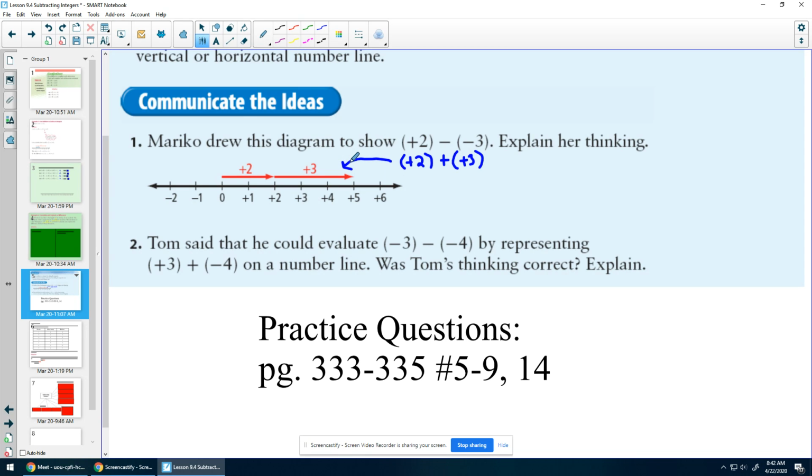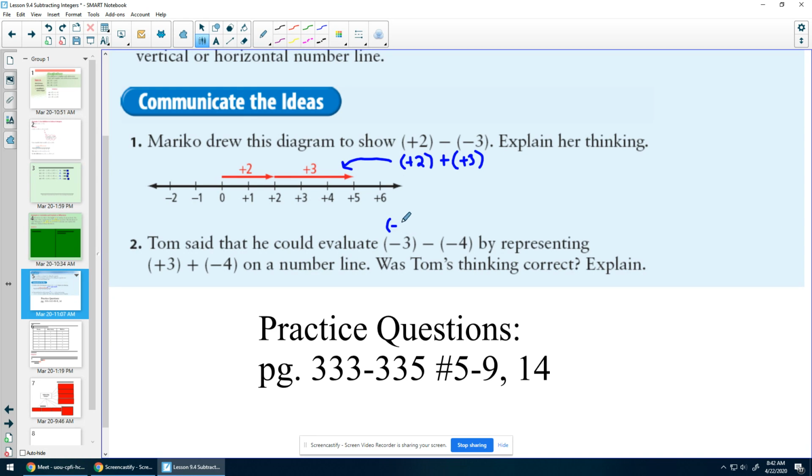Tom said that he could evaluate negative 3 minus negative 4 by representing positive 3 plus negative 4 on a number line. Was Tom's thinking correct? Explain. Answer, in short, no. Why?